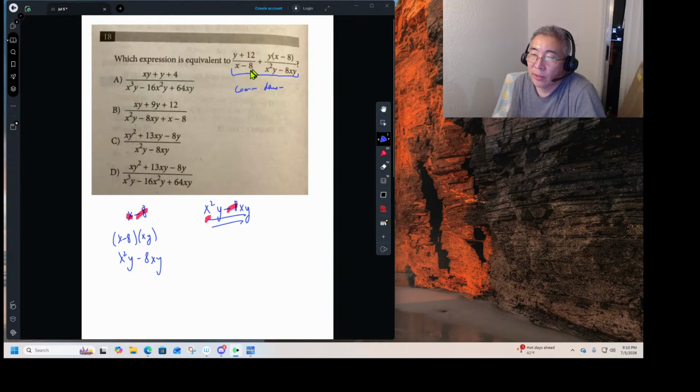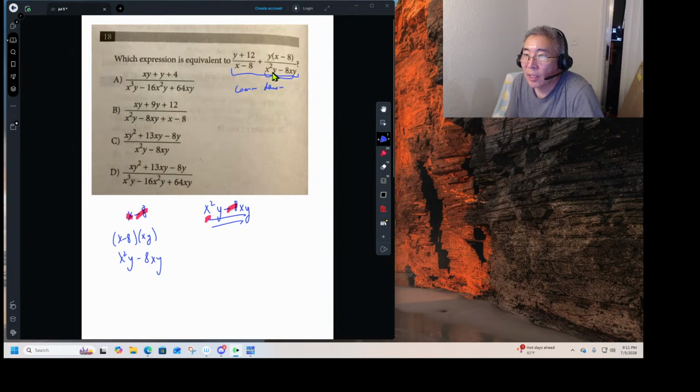It could have been something horrible, but they, on purpose, gave us an x minus 8 here and something that is a multiple of x minus 8 here. Another way you could think about it is let's factor a common factor out of here so that we can make the denominator as small as possible. That's usually something we do, right?